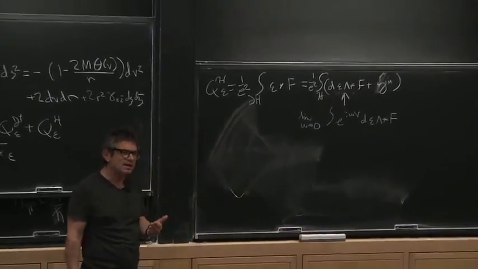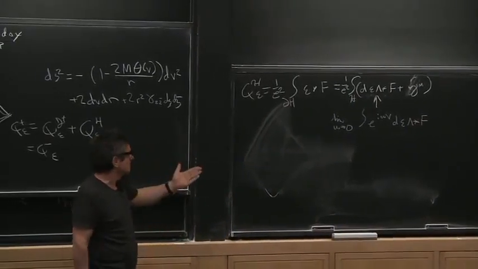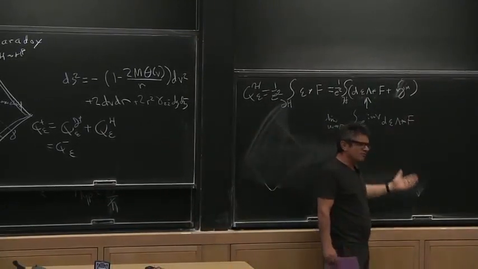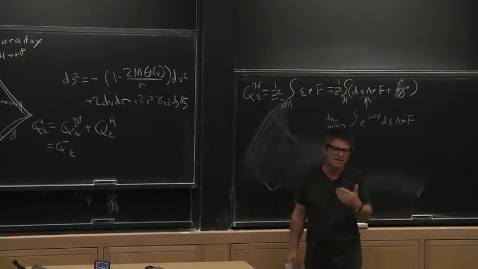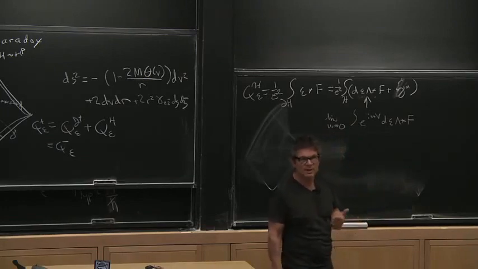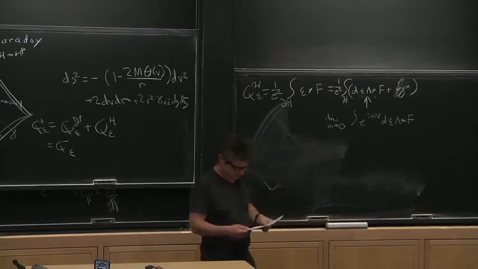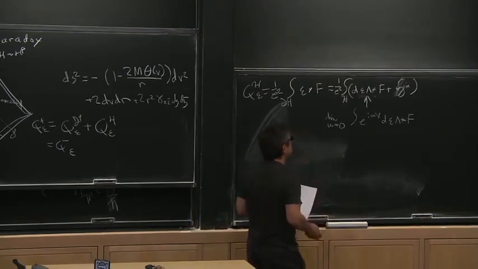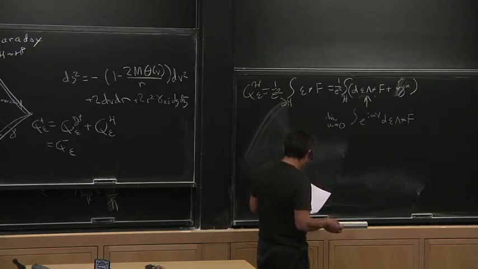They're exactly like the soft, or photon, sorry, this is a soft photon because we're doing electromagnetism. We can have soft photons on the horizon in exactly the same way that we can have them at null infinity. And then you can ask the question, in fact, this is a homework problem.